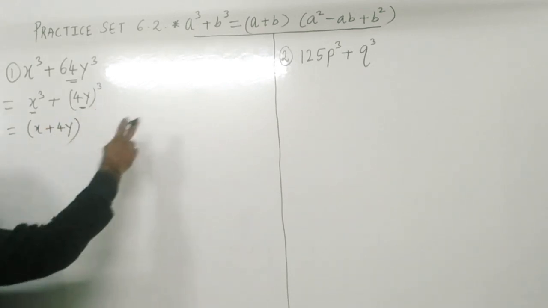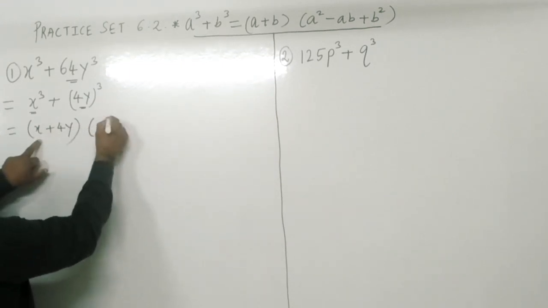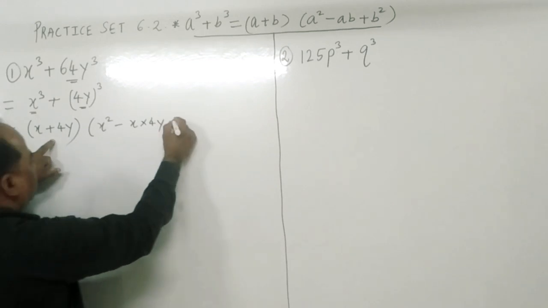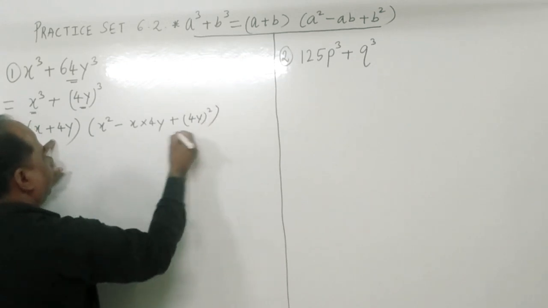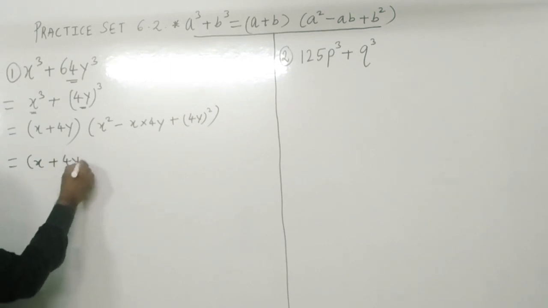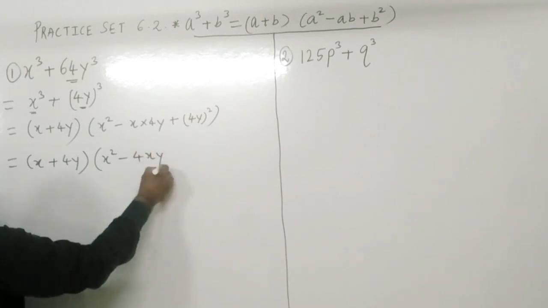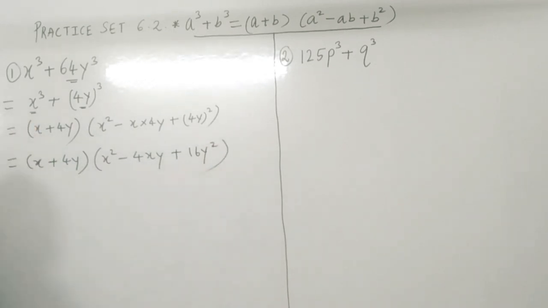In the second bracket, a square minus ab plus b square. Same formula you have to apply here. So a square means x square minus x into 4y plus (4y) square, that is b square. Which is equal to (x plus 4y) in first bracket, in second bracket x square minus 4xy plus 16y square. These are the factors of x cube plus 64y cube.